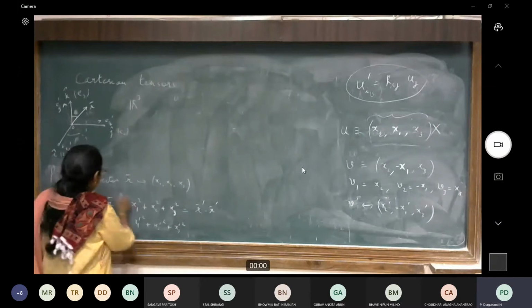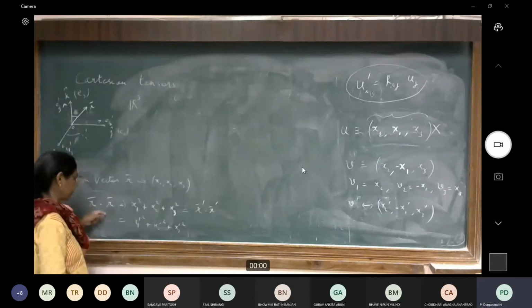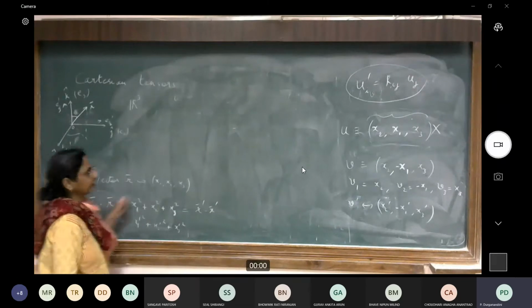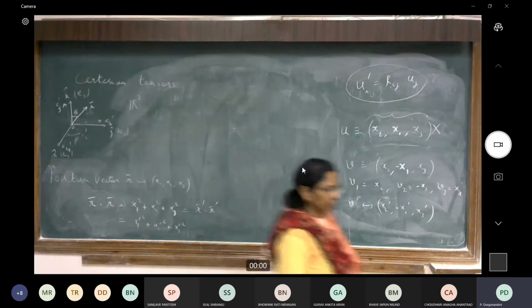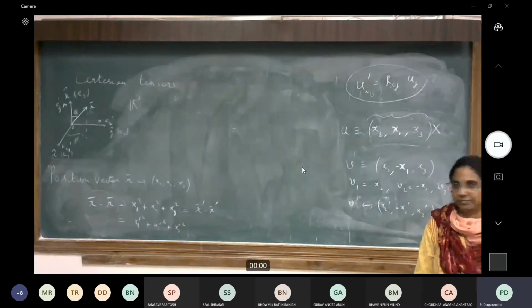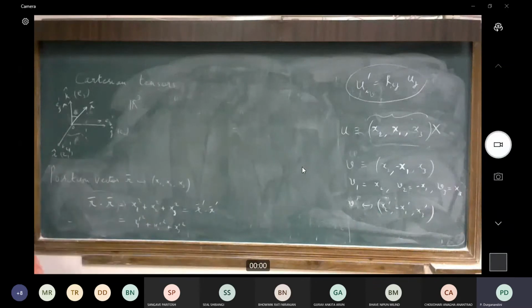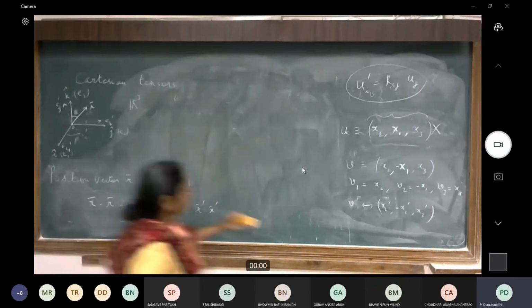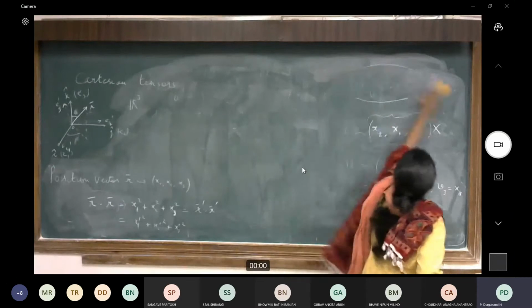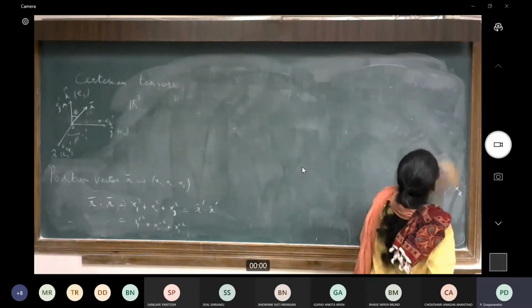So given this position vector r, I could make this quantity r dot r, and that transforms like a zeroth order tensor or a scalar. Then I can ask now, can I construct an object which transforms differently from both scalars and vectors? Let's see if we can do that.